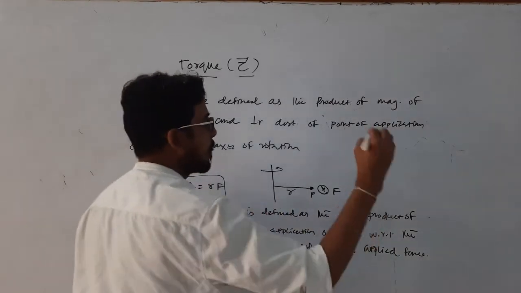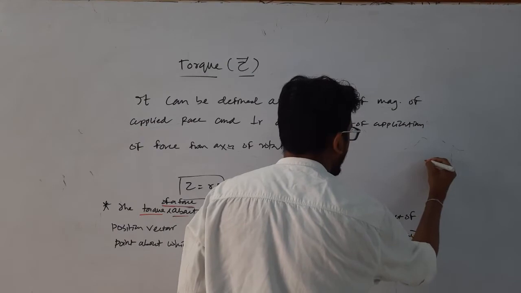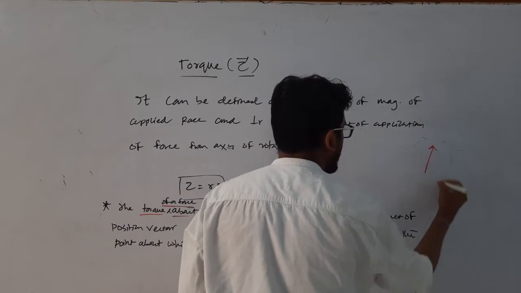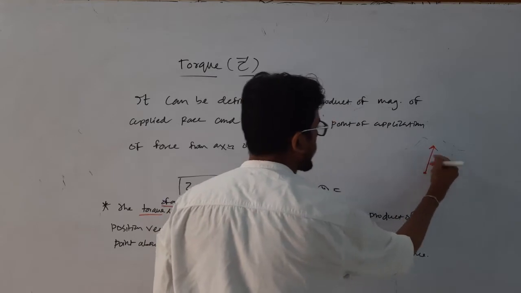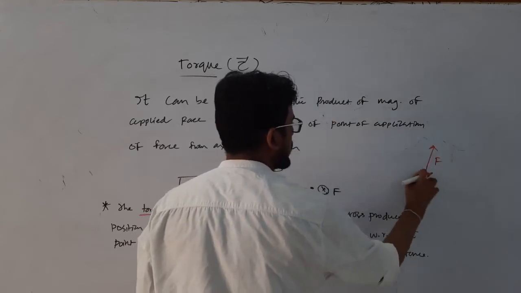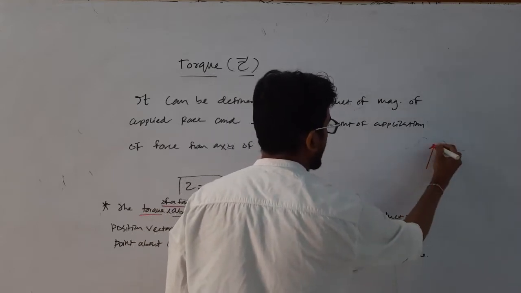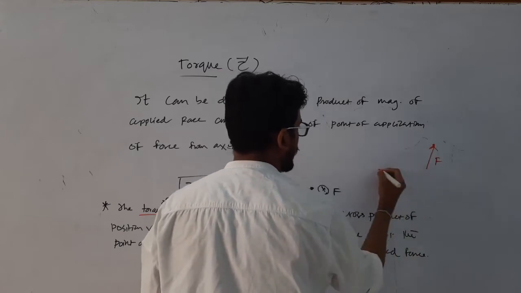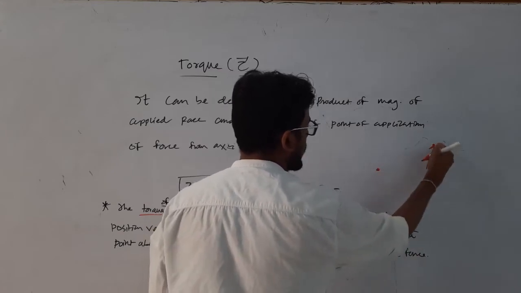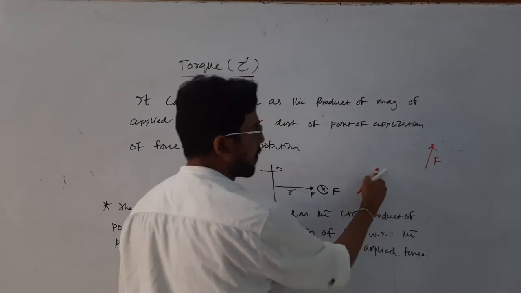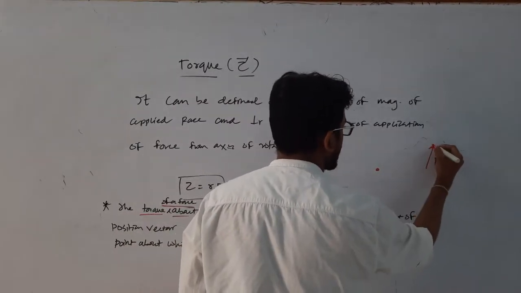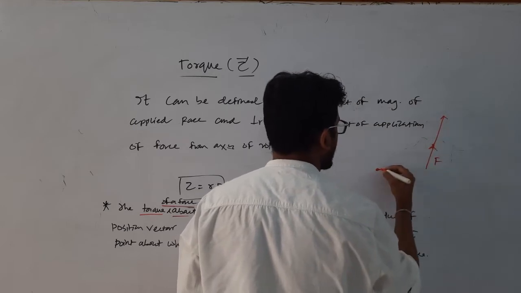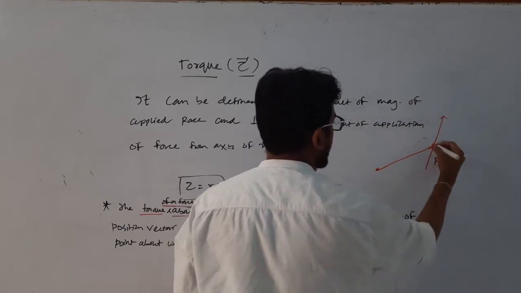For example, if I am applying a force along this direction on this point, and this is the point of application of force, and I want to find out the torque of the force about this point, then this is the position vector of the point of application of force.